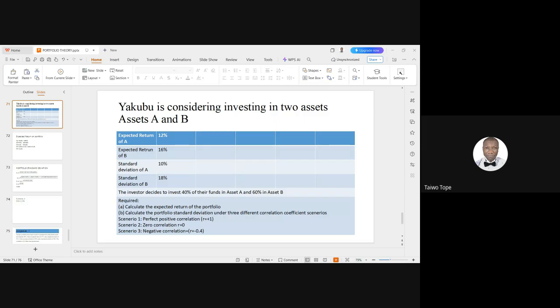So you like the one with the highest risk? And now the higher the risk, the higher the return. But as an investor, all things being equal, investors are rational. The investor would like to choose the one with the lowest risk and still get the highest return. That is how an investor will always reason.